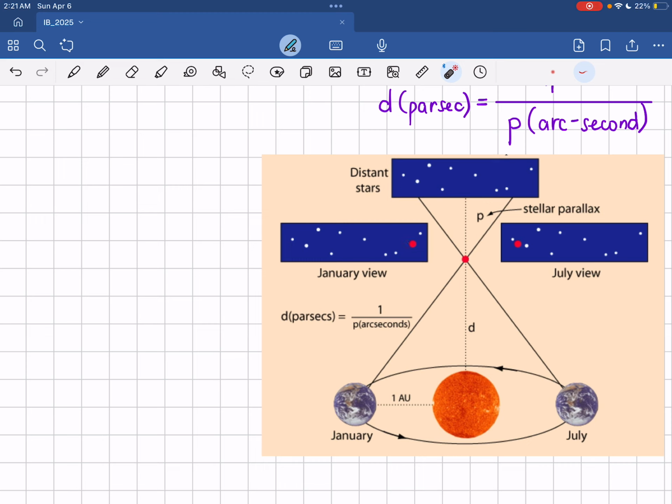Just remember the relativity of motion. Seems like the Earth is moving to the right, so then the star will look like it's moving to the left. So in general, you see the star here, but then over time, you see the star moving until in July, you will see it's here.